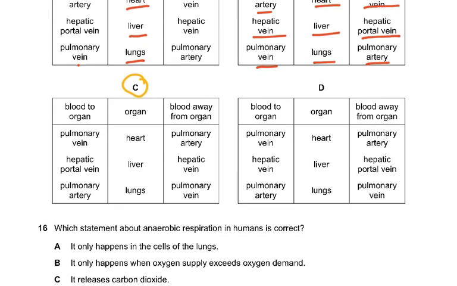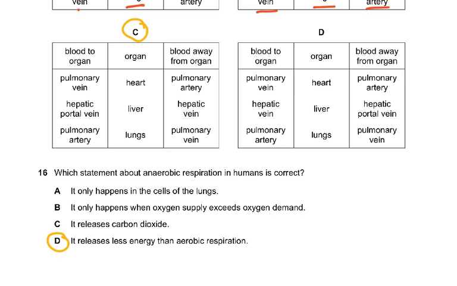Now we need to understand this. Why is C correct? You see the heart and the liver. So the blood from the intestine goes to the liver through the hepatic portal vein. And then the vessel that leaves it is called the hepatic vein. So the hepatic portal vein carries blood to the liver, and the hepatic vein carries it away from the organ.